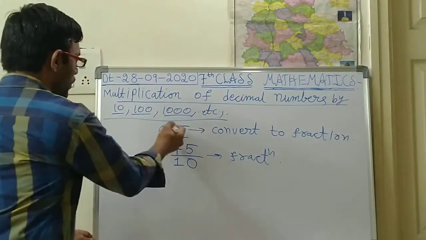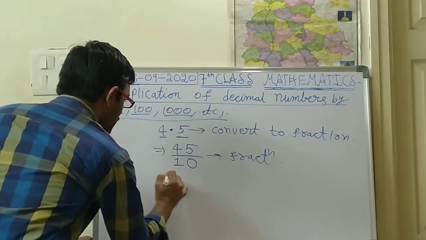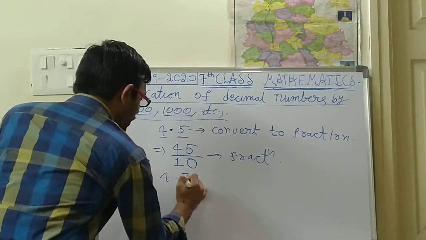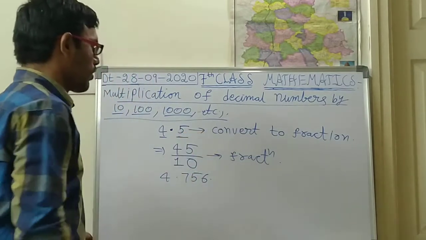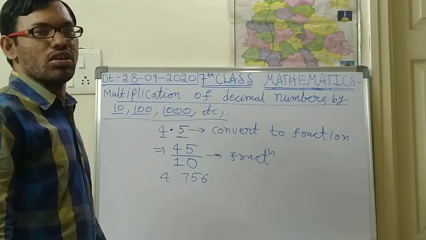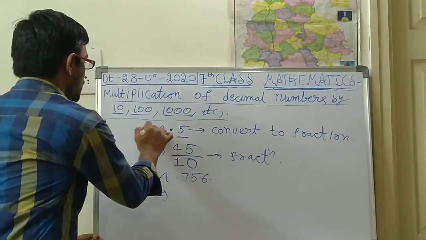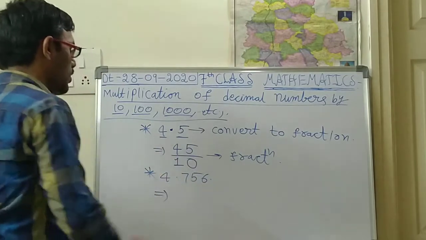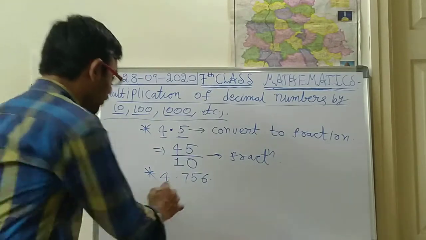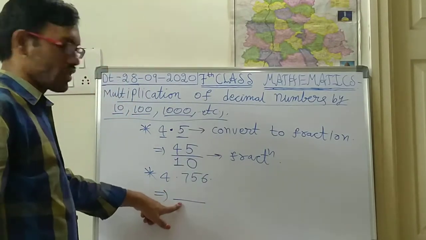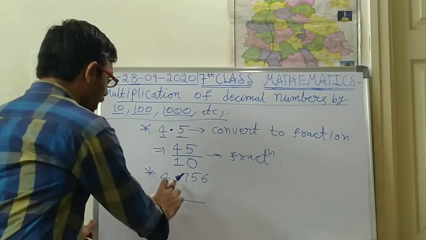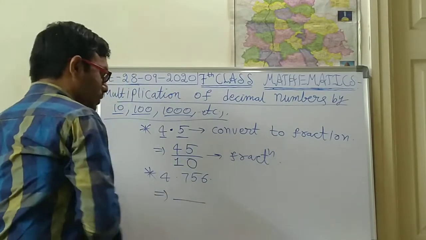Suppose instead of 4.5, there is a number 4.756. How are you supposed to do it? First the numerator, draw the fraction line. The numerator should be the number except the decimal point.